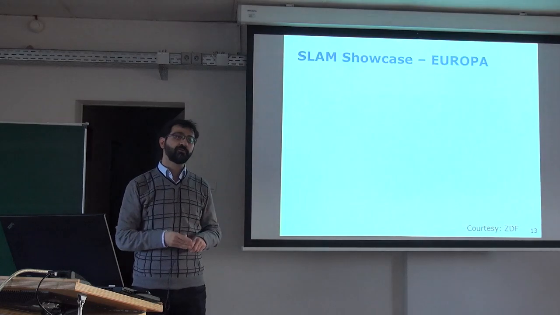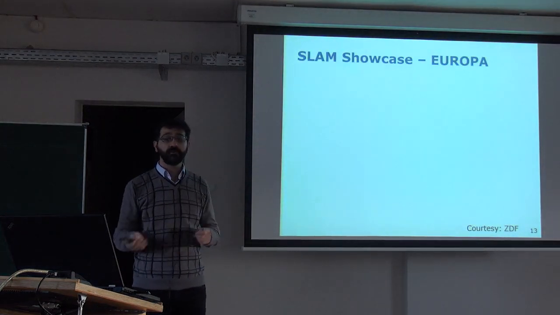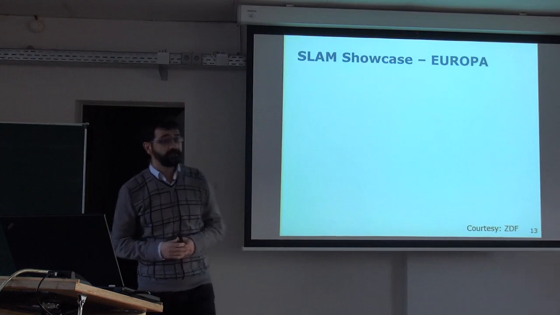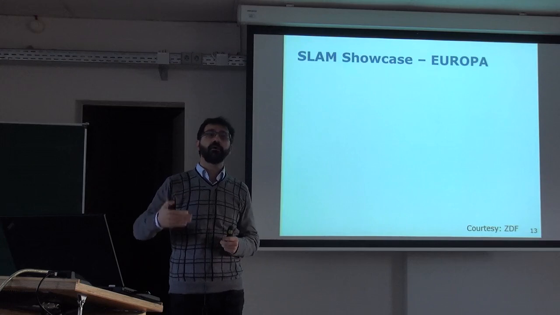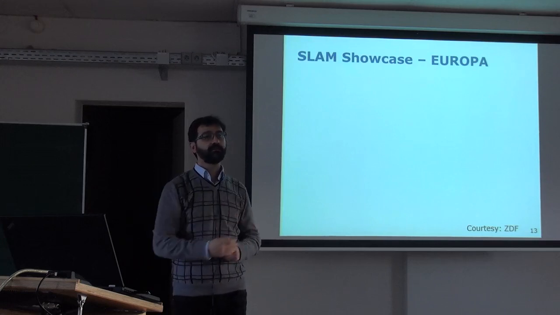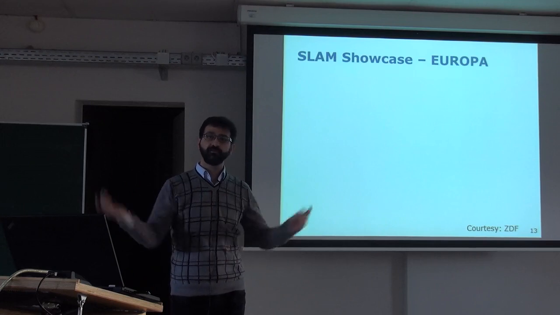We didn't build the map of the full Freiburg, because for that project we only needed to go from here to the end as a showcase, but in principle the same technology would have been used to build the full map of Freiburg.